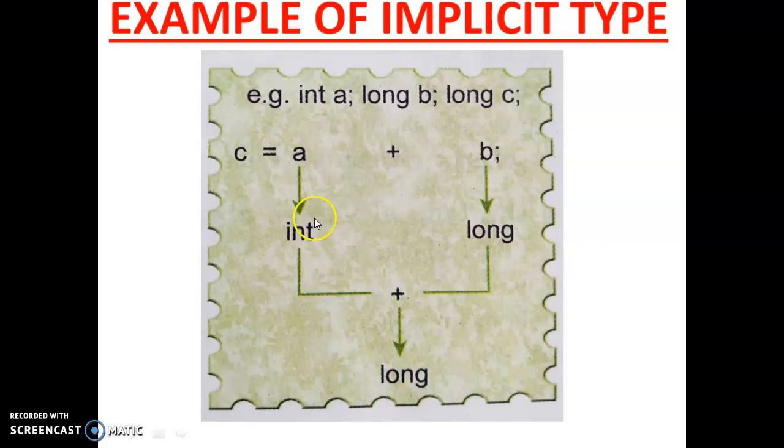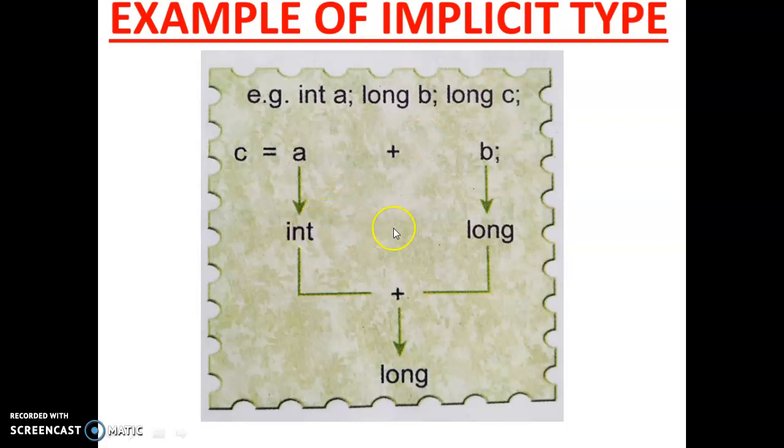When we compare int and long, then long has the higher data type. That's why it's converted to the higher one between int and long. Long is higher, so it's converted to long and we have to store it in a long type variable. That's why we declared c as long.